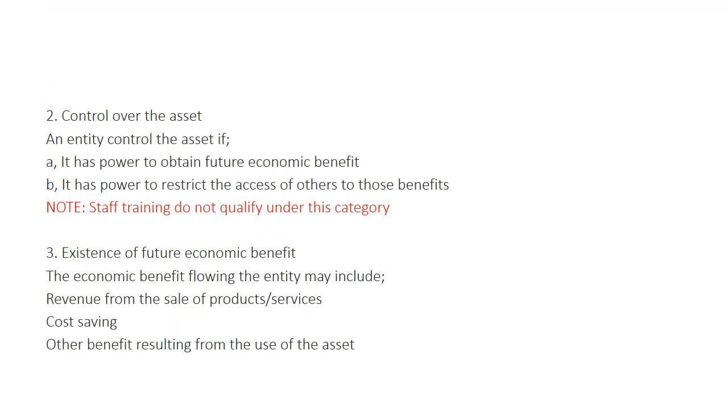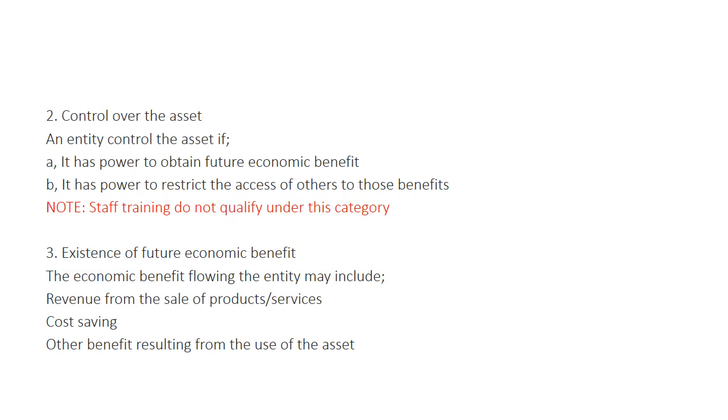Now, the second criterion is control over the asset. The entity controls the asset if it has power to obtain future economic benefits, and second, it has power to restrict the access of others to those benefits.